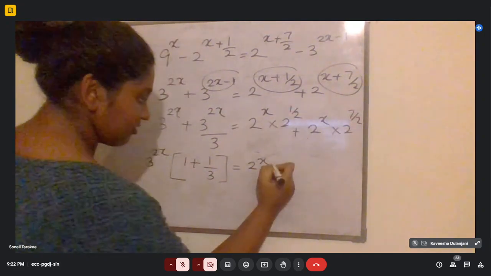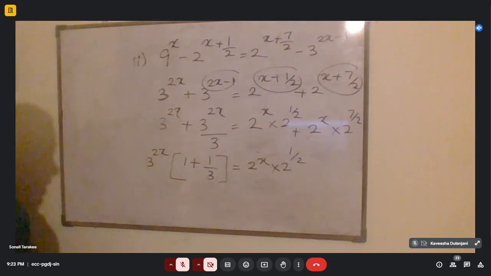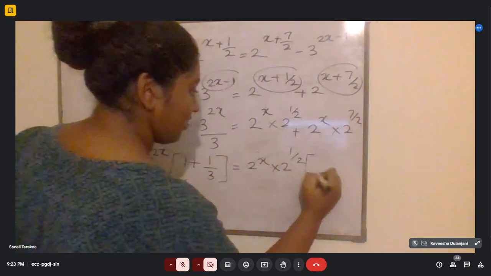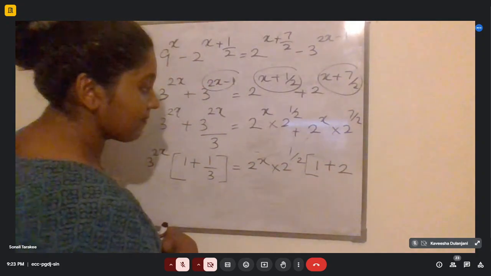So 2 to the power x into 2 to the power half. So you can take this one out. Then you get 1 plus 2 to the power 3.